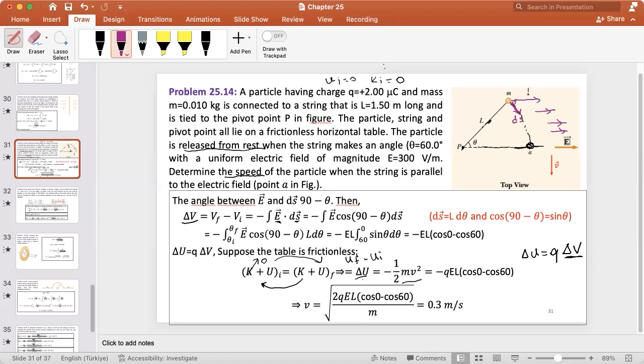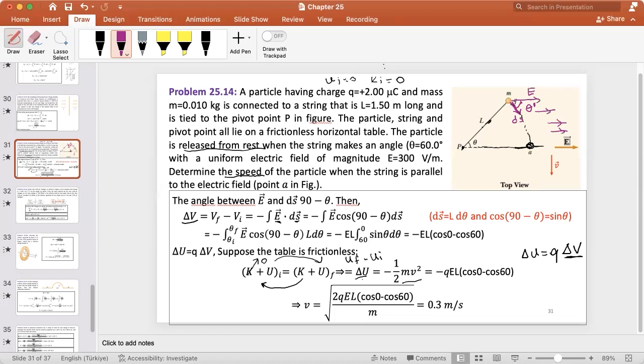So your electrical field is here. What is the angle between ds and the electrical field? Say theta, phi. Okay. So how can I calculate this one?